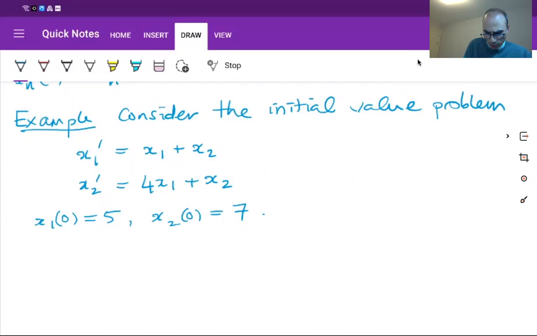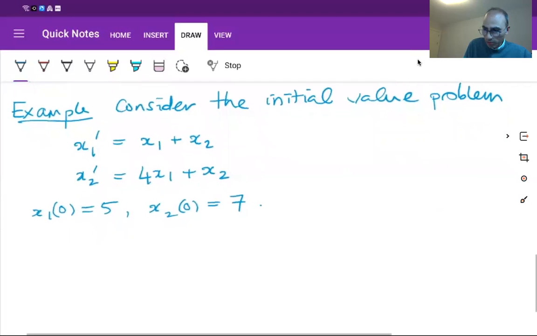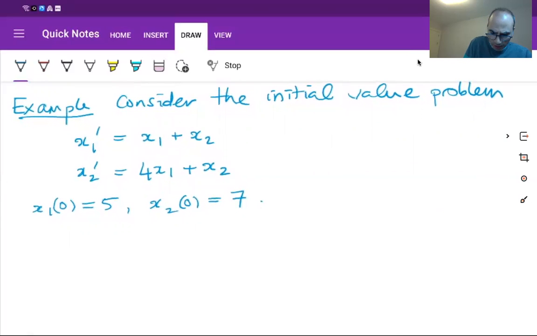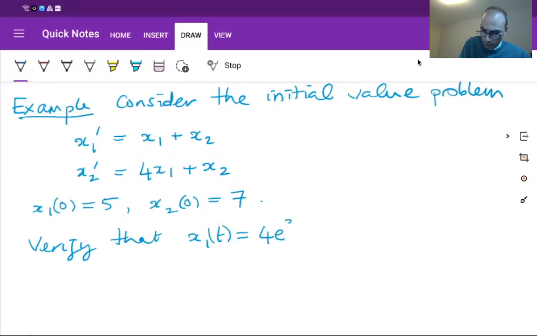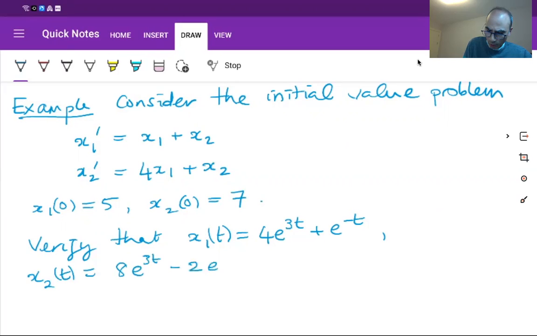Okay, so we don't know how to solve this yet, but let's verify that x1(t) is 4e^(3t) plus e^(-t), and x2(t) equals 8e^(3t) minus 2e^(-t), that this is a solution of our system of equations and of the initial value.